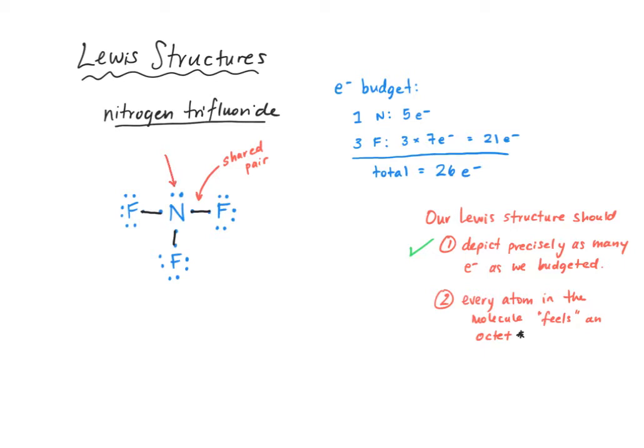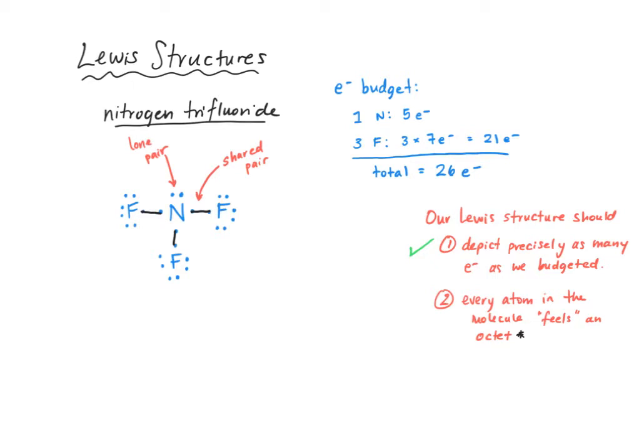This pair of electrons that isn't bound to anything that sits on this central atom is just a lone pair of electrons. There are lone pairs of electrons in each of the peripheral fluorines too, but it's really going to be this lone pair of electrons on our central atom that we're going to be concerned about moving forward. We say that the central nitrogen atom in nitrogen trifluoride has 3 shared pairs of electrons with 3 different fluorine atoms and 1 lone pair of electrons.